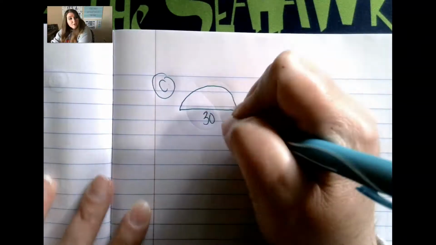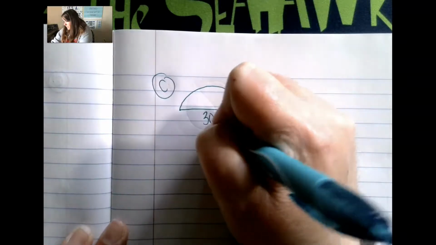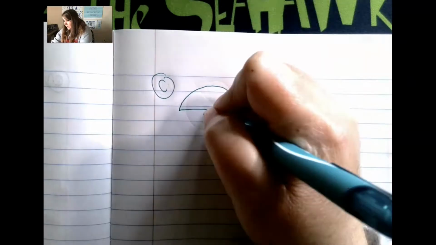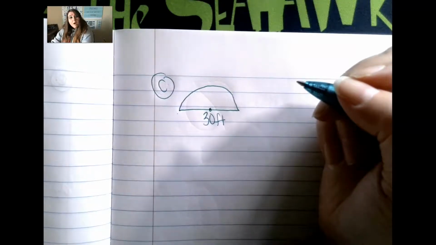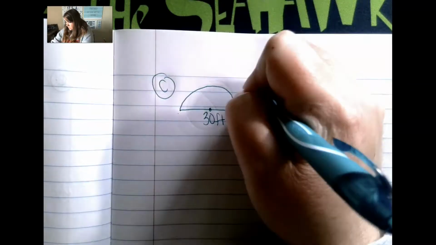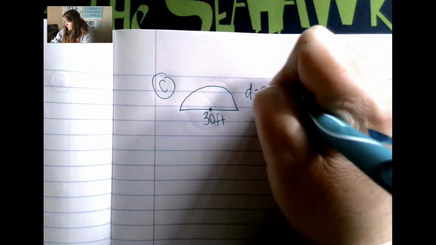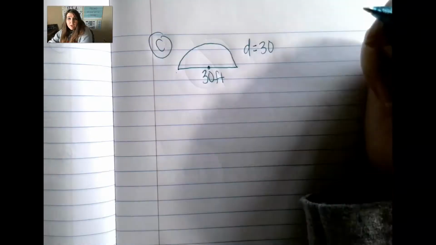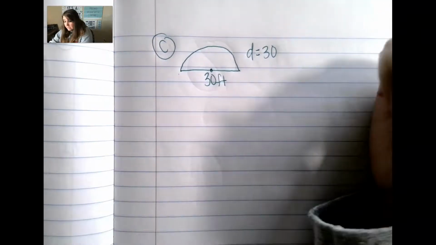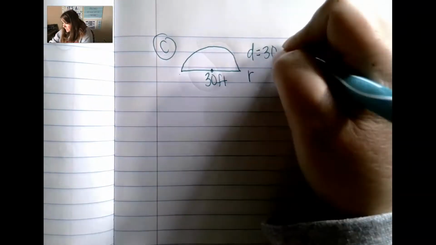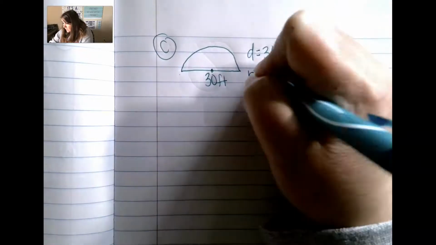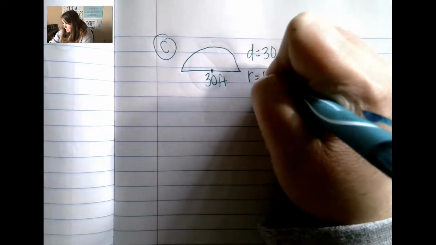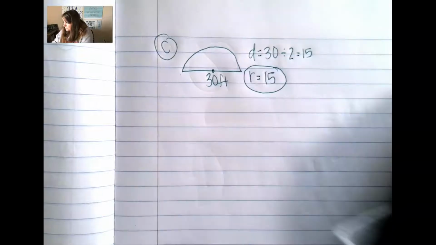A semicircle where 30 feet is our diameter. From here to here is 30 feet. But I don't want diameter, I want the radius. So we're going to cut this in half, and that gives us 15. So the radius is 15.